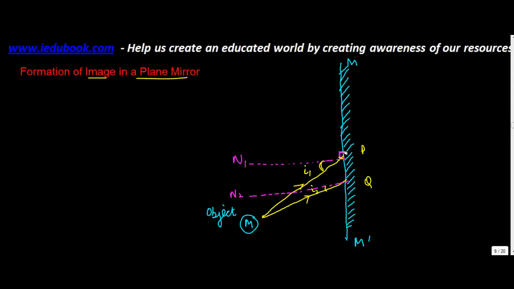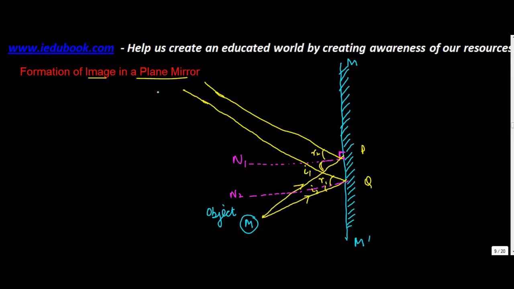A similar angle will be formed by these rays, which is the angle of reflection. Let's call this R1 and this R2. But because these rays are moving in tangent direction, they will never meet each other, and therefore there cannot be an image formation which can happen on this side.